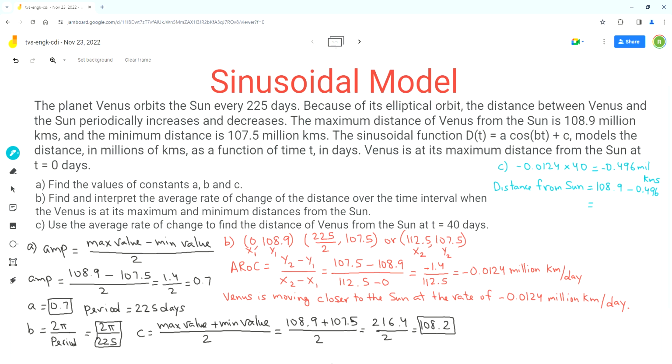Now we can do this calculation. I got 108.4, rounding the answer to one decimal place, million kilometers. So this should be the final answer for part C. These are the steps you have to keep in mind to solve a problem like this one.